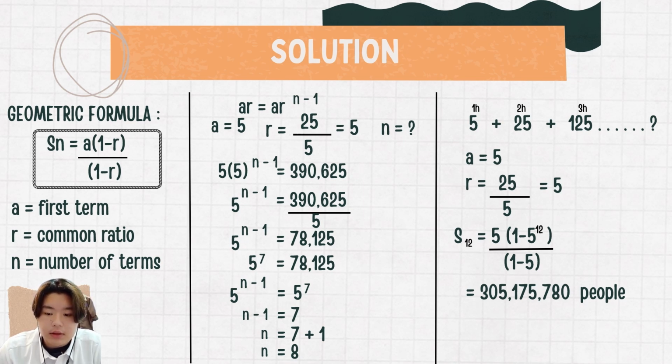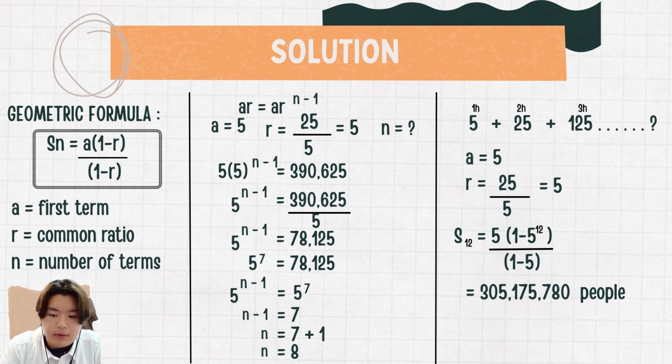In this pattern, a equals 5, and r, the common ratio, we get from 25 divided by 5, which is 5. The n, which is the number we have to find, is 12.